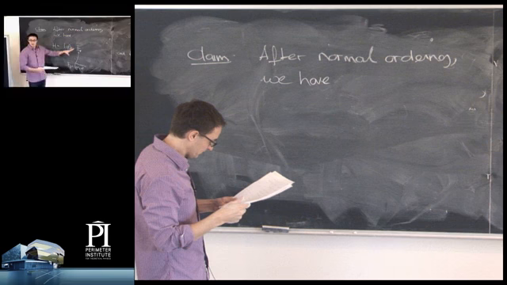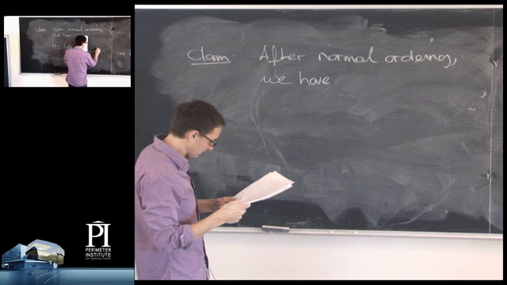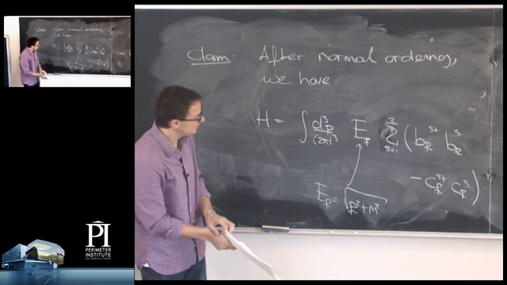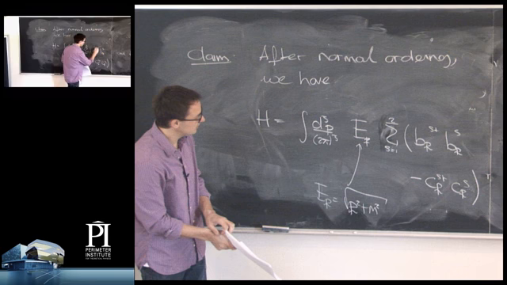Okay, so we do the same thing we did for the scalar field. This is the Hamiltonian. There's a sum over S equals 1 and 2. So you sum over all the creation and annihilation operators. There's 2 for B and there's 2 for C.